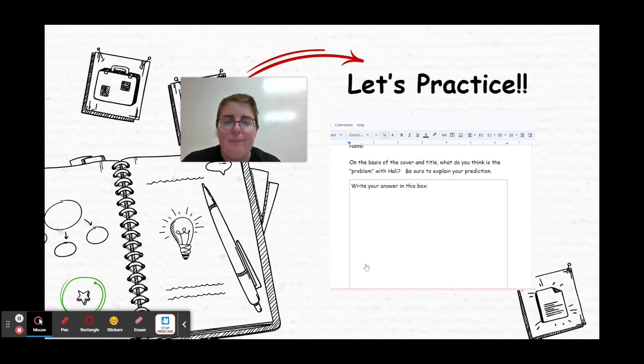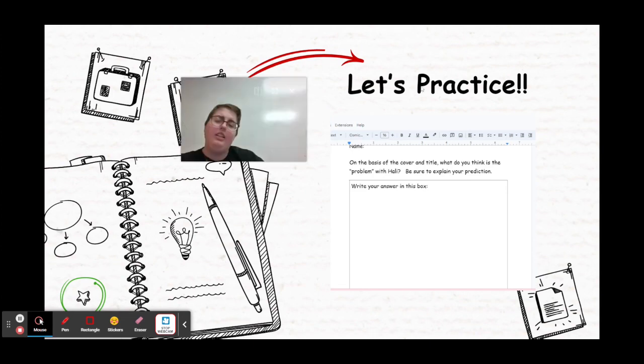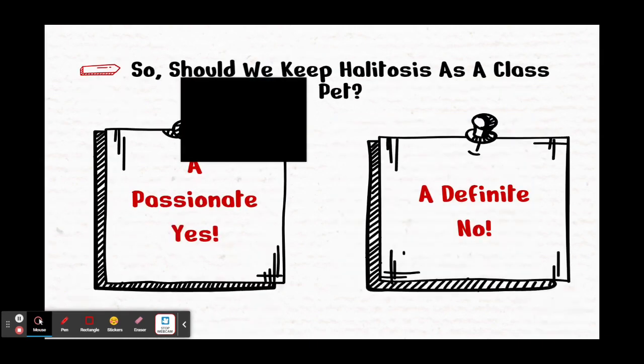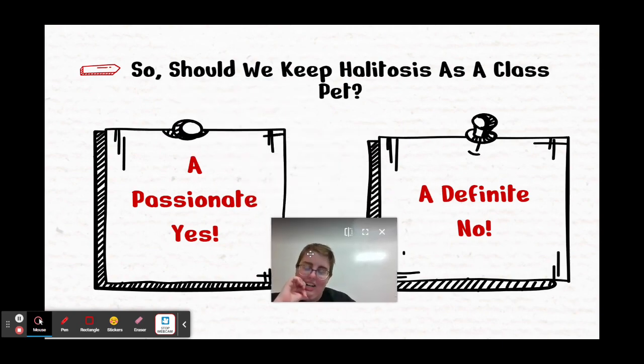Okay, now it's working. Let's practice. So I have it to where I can click on this and it opens me up to the class pet worksheet, and then I can fill it out with them or help and assist them in filling this out, which is very good. And then at the end, we will decide if we keep this fictional dog as a class pet.